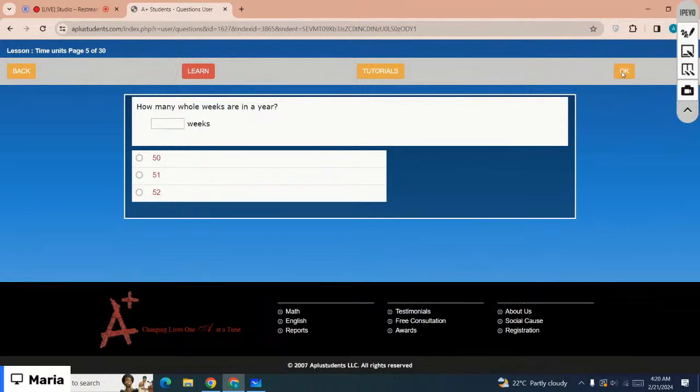The correct option is 52. There are 52 whole weeks in a year.